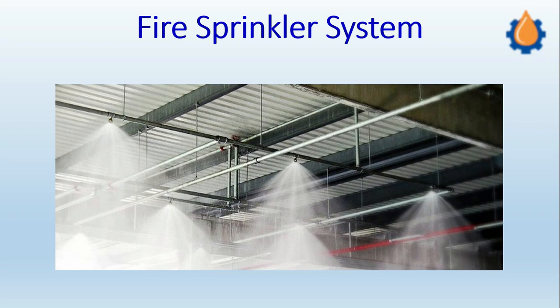I would like to put some light on the significance of fire sprinklers. Fire sprinkler systems are designed for situations where there can be a fire at a place where there is no human movement.